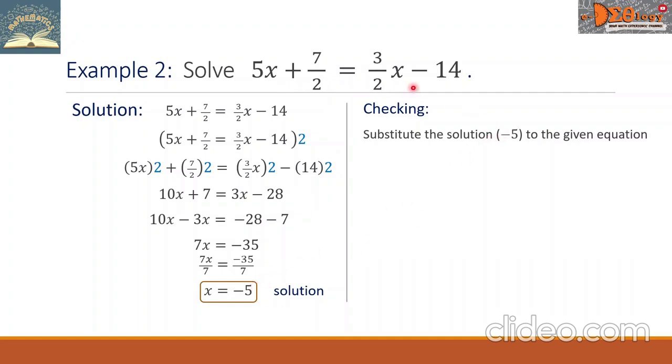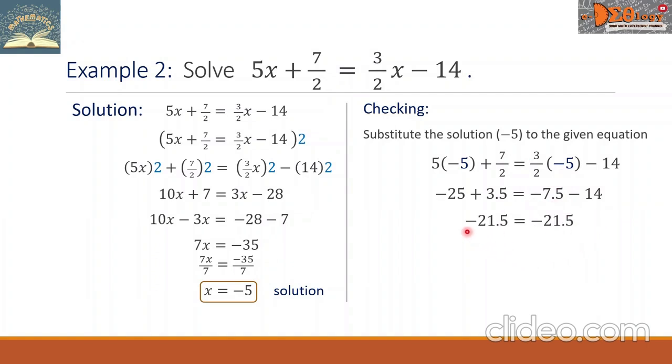To check if our answer is correct, we substitute the solution, which is negative 5, to every x of the given equation. So we have 5 times negative 5 plus 7 over 2 equals 3 over 2 times negative 5, then minus 14. Let's simplify both sides. 5 times negative 5 is negative 25 plus, we can show this fraction as decimal, 3.5 equals 3 halves times negative 5, that is negative 7.5 minus 14.